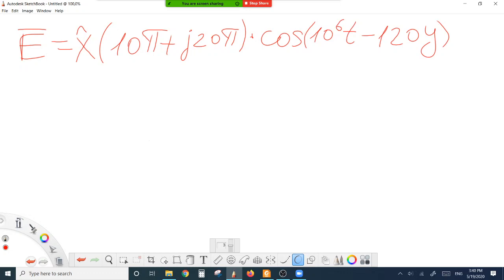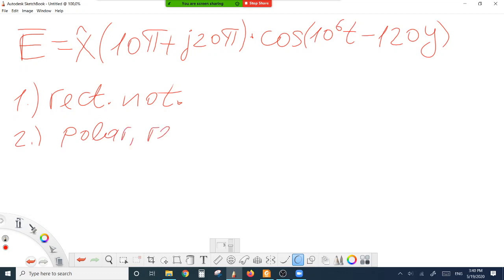We need to write this electric field intensity in the form of phasors: in rectangular notation, polar representation, and exponential representation.